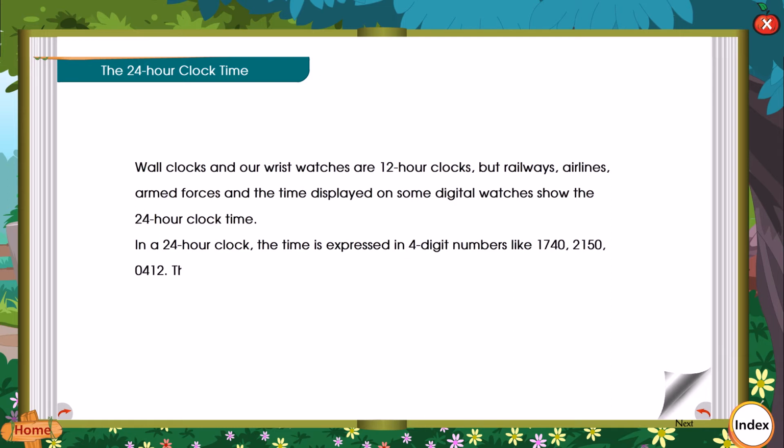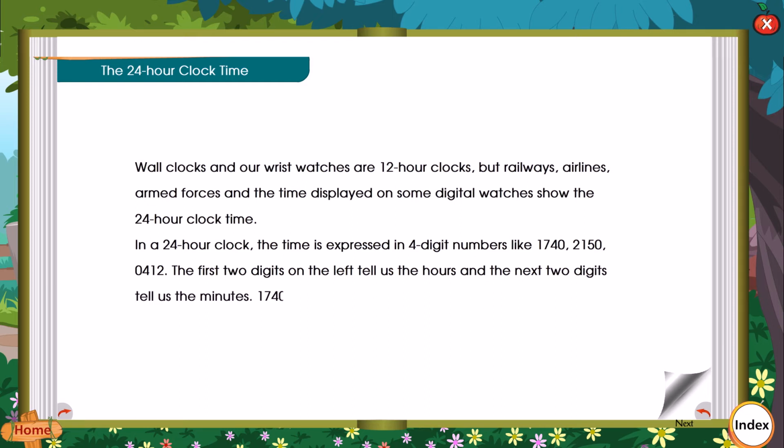The first two digits on the left tell us the hours and the next two digits tell us the minutes. 1740 means 17 hours 40 minutes. 12 o'clock midnight is expressed as 0 hours or 24 hours.